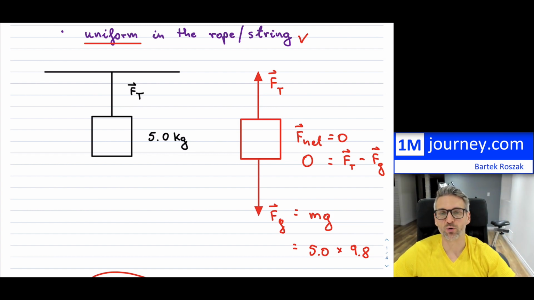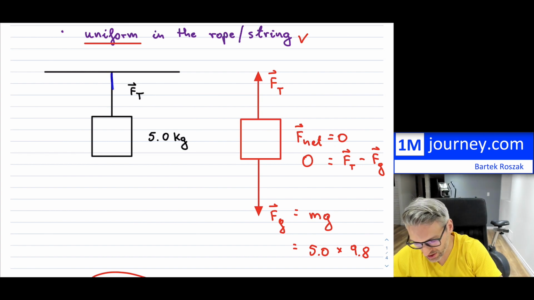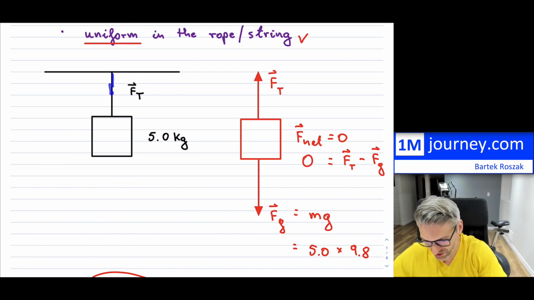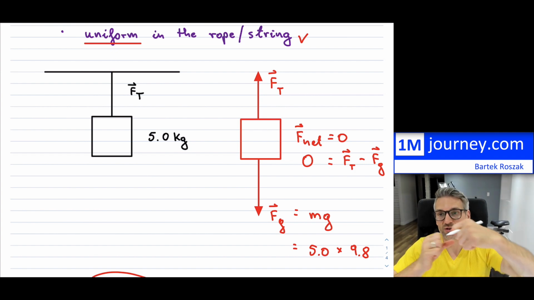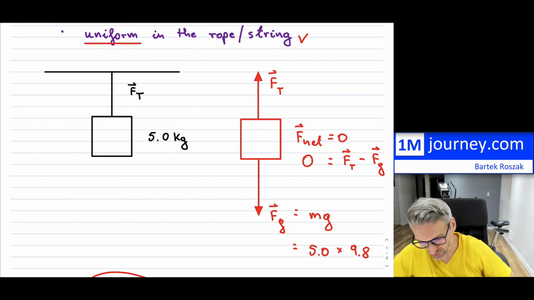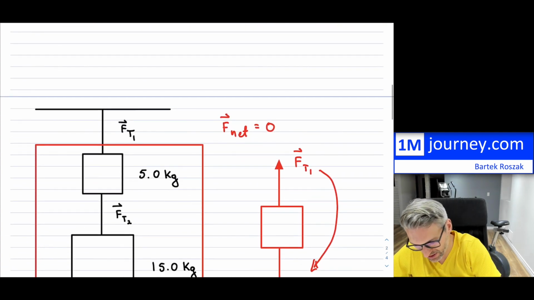So there's both an action and a reaction force as well. This is the action force right there, and this is the reaction force right there, so they're kind of balancing each other off. The same thing happens at this point.